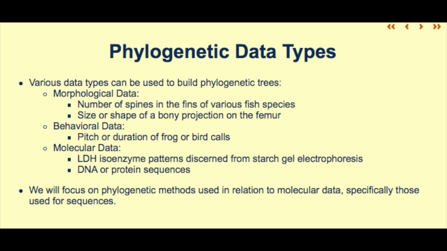And of course, we are most familiar with the DNA or protein sequences. The same goes for the NCBI, and they say they will focus on phylogenetic methods used in relation to molecular data. So yeah, I do think our lab can contribute to phylogenetic data.